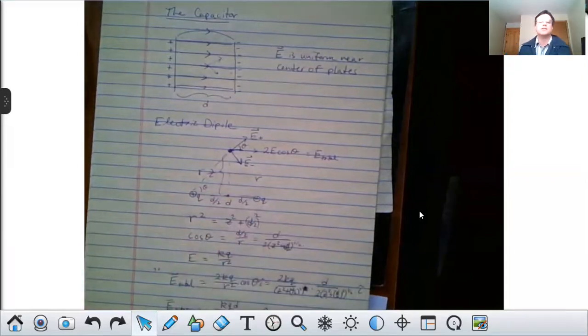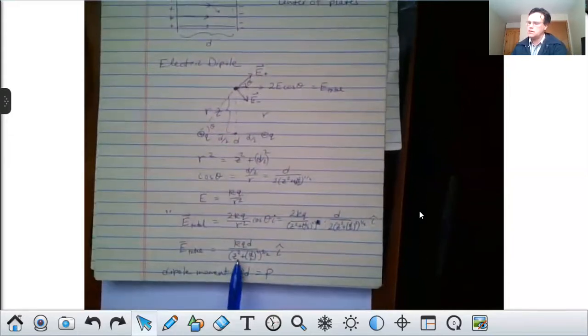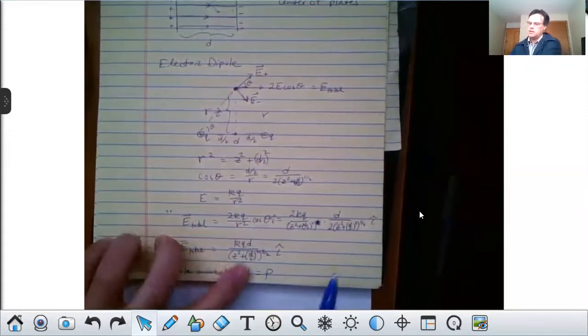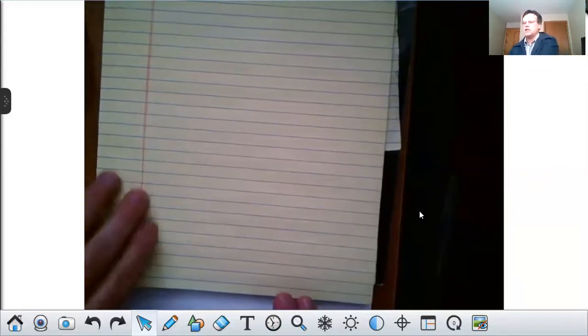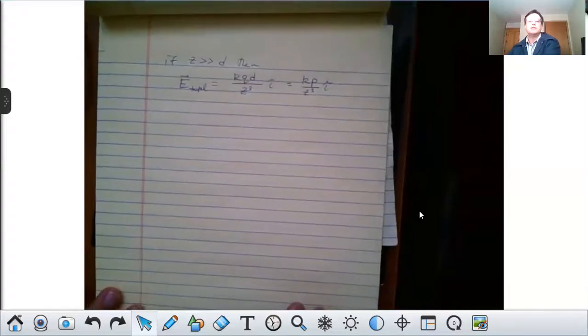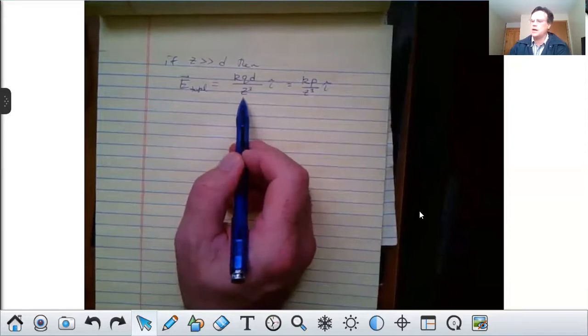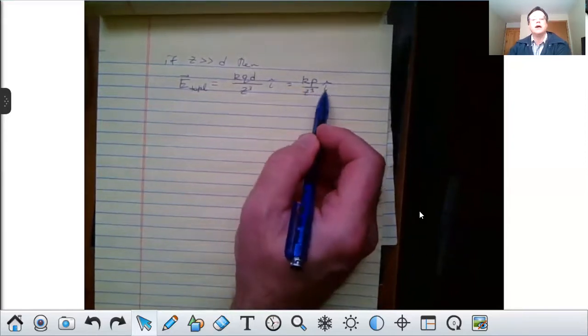I could make an approximation for that case when z is really big. z is much bigger than d. What I could do is neglect the d over 2 squared, right? And if I do that, if z is much bigger than d, then I would get kqd over z cubed, I hat, or kp over z cubed, I hat.